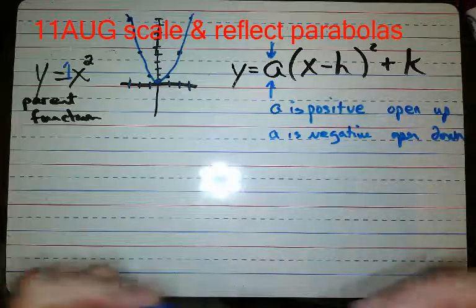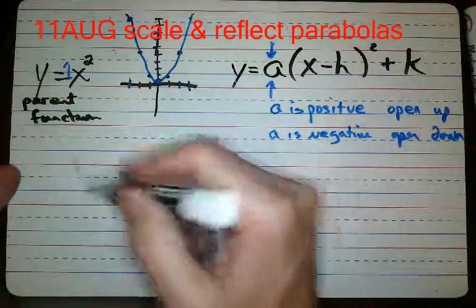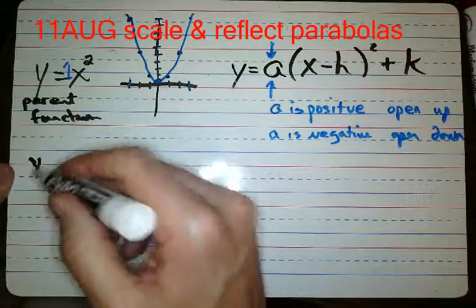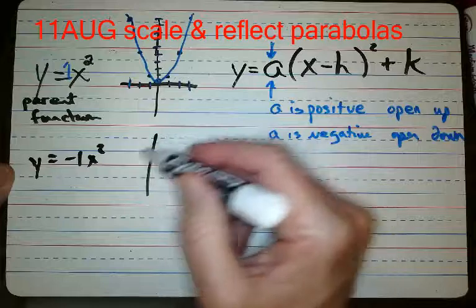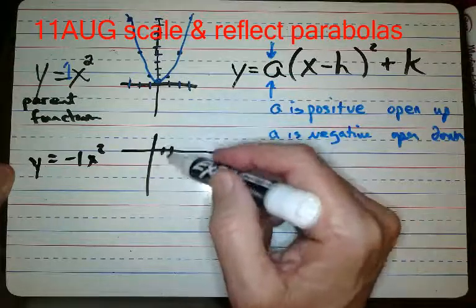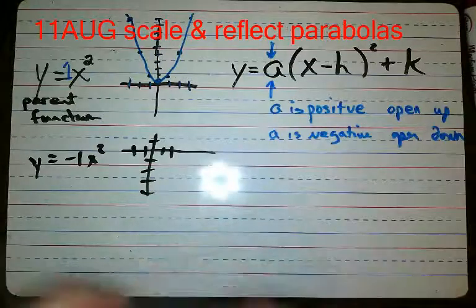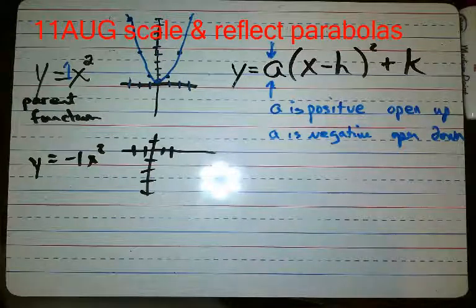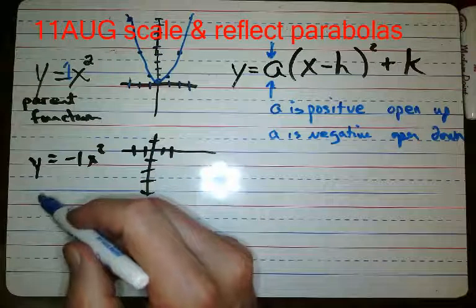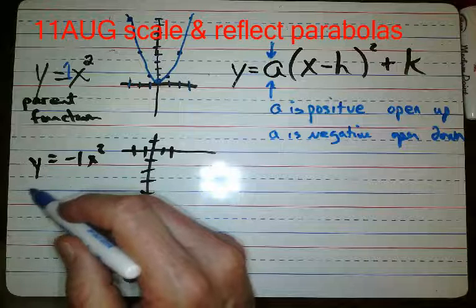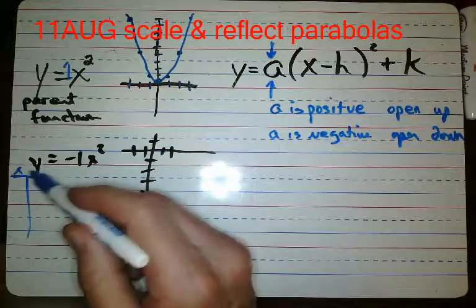Let's do one that's negative just so you see. I'm going to say y equals negative 1 x squared. Now we can pick some values, so you can see I'm not making this up.